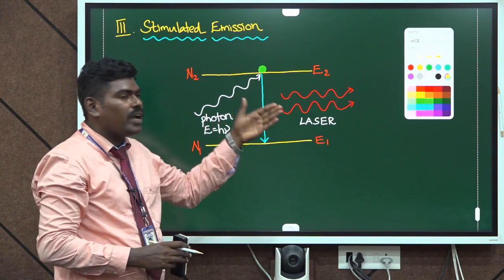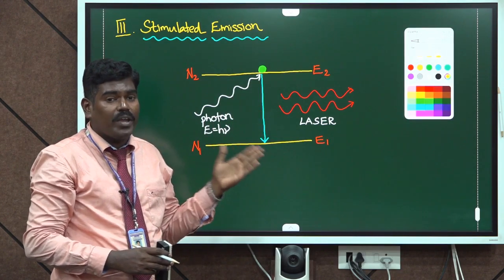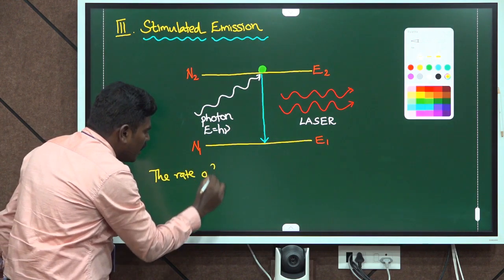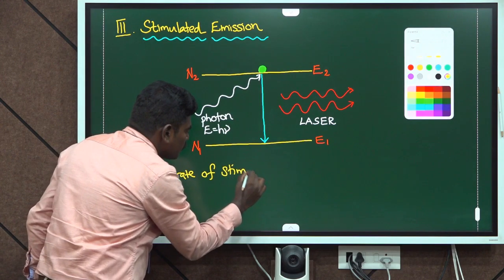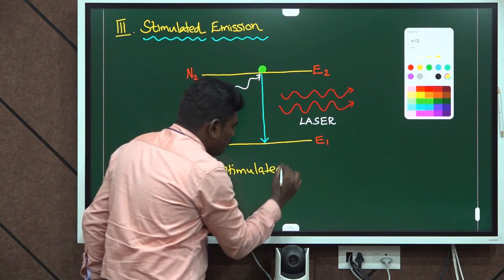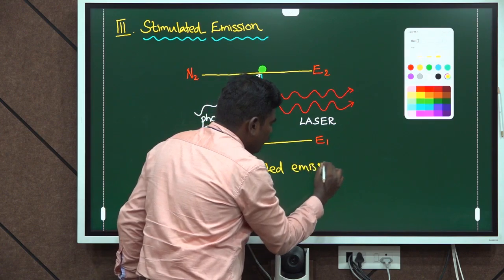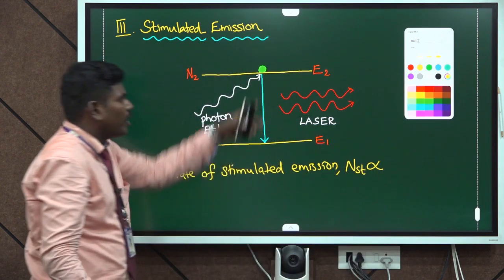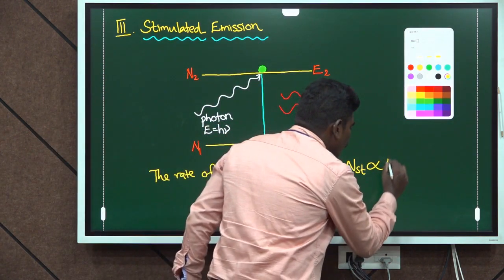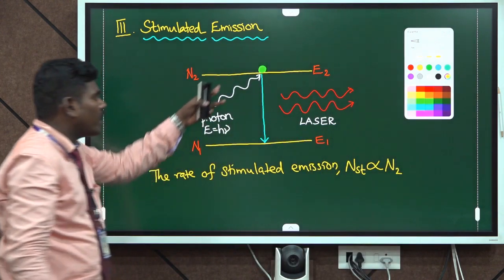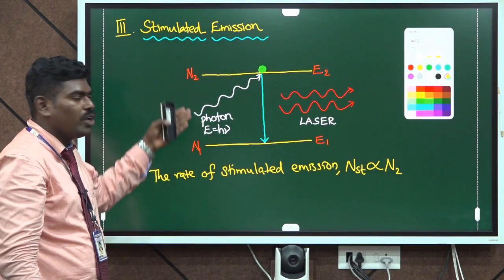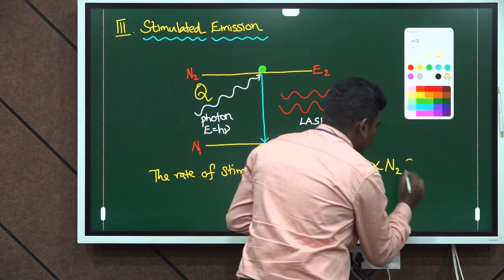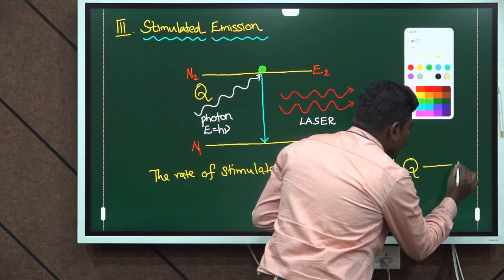These two photons are in phase, that is, coherent in nature. The rate of stimulated emission, NST, is directly proportional to the number of atoms in the excited state N2 and also the external photons incident on it, so we take Q. Q is the number of photons per unit volume per unit time, that is, the energy density. So this is equation number 3.